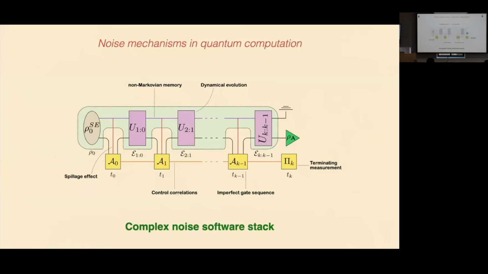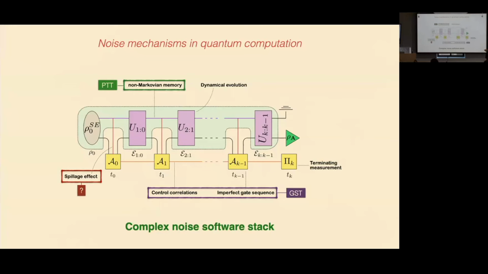But we have different ways of dealing with that. So for instance, errors in control are dealt with by gate set tomography, which is a state-of-the-art tool developed by Sandia folks. Non-Markovianity, I'll present a tool called process tensor tomography that is able to characterize non-Markovian noise in quantum computers.